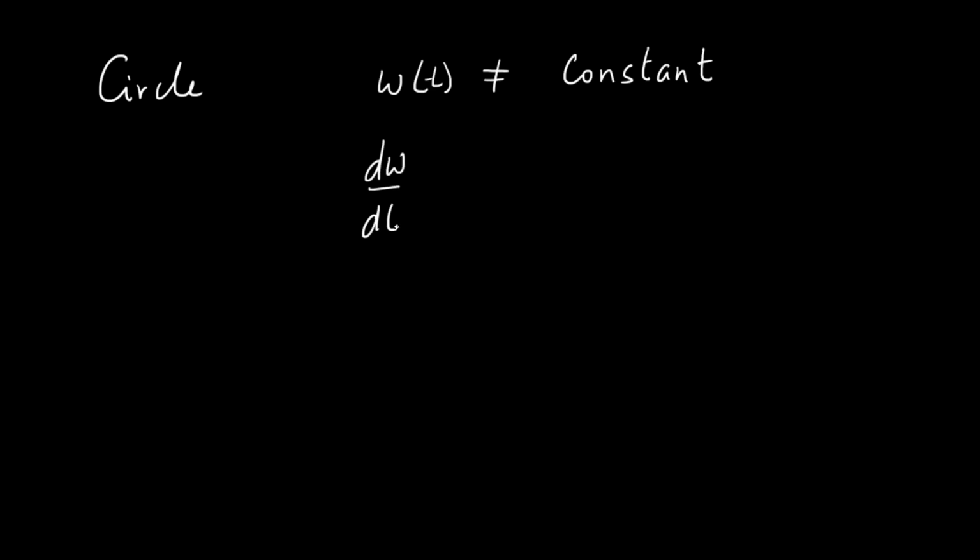This time it's a circle, but omega of t is not a constant. Okay, and d omega by dt is alpha, which may or may not be a constant. It's called instantaneous angular acceleration.